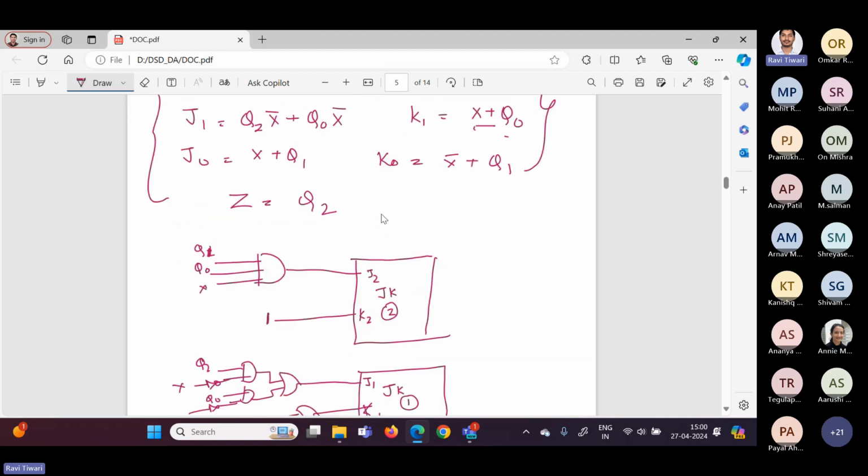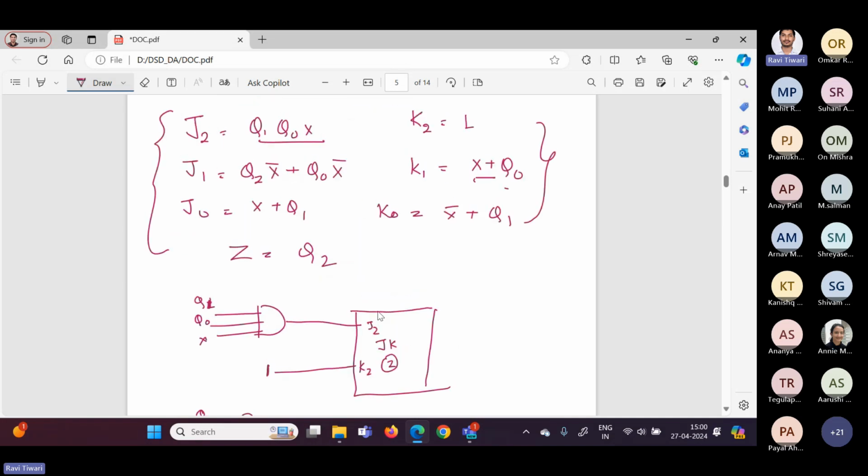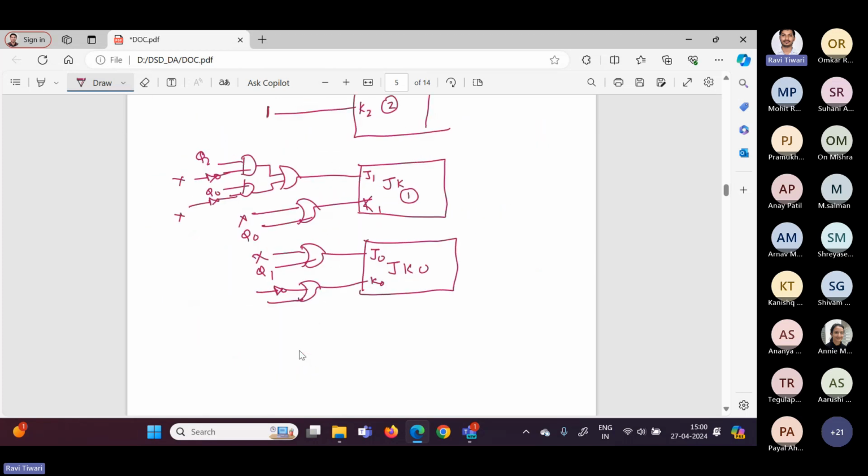Similarly, J0 is X plus Q1, so this is X, this is Q1, this is J0, and K0 is X bar Q1. So again, I will use one OR gate and that will work as a NOT and directly. And here bar is given for X, Q1. So this is X and this is Q1.